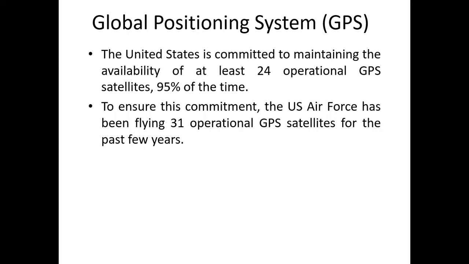It is around 30. I should have written here, has been flying around 30 GPS satellites. But if they flew 24, it would be enough for covering the whole world.